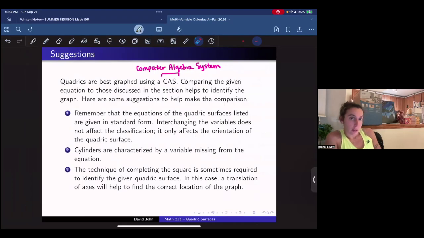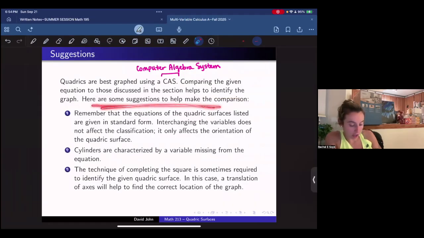Another slide of notes / comments. Quadrics in general are best graphed using CAS, which is, again, a computer algebra system, so that you can really see it in that 3-dimensional world. And then comparing the given equation to those discussed in the section helps to identify the graph.